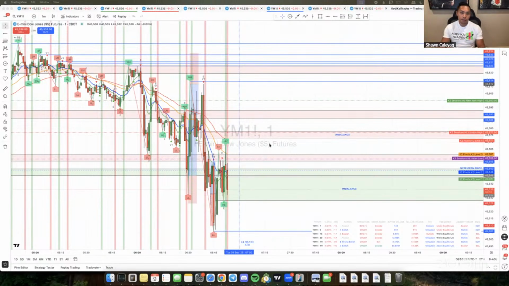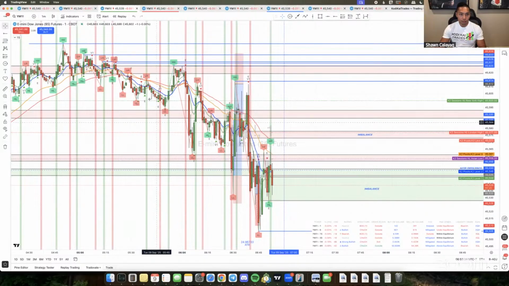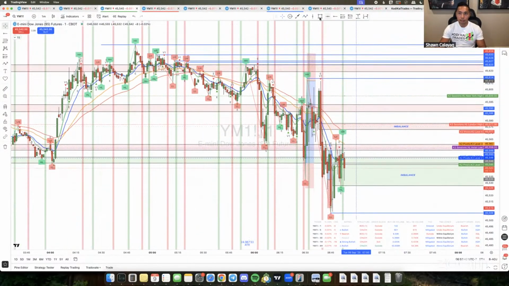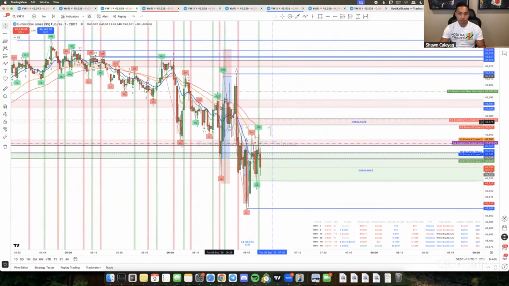That's why for me, I've been sitting out on a lot of these entries because the market structure just isn't directional. Right here, it looks like it's directional, right? It looks like price is obviously in a bearish trend, but I wouldn't say this is directional. When I say directional, I look at something like this, right? Nice continuation to the downside. This here is coming down, but it's not very clean, right?